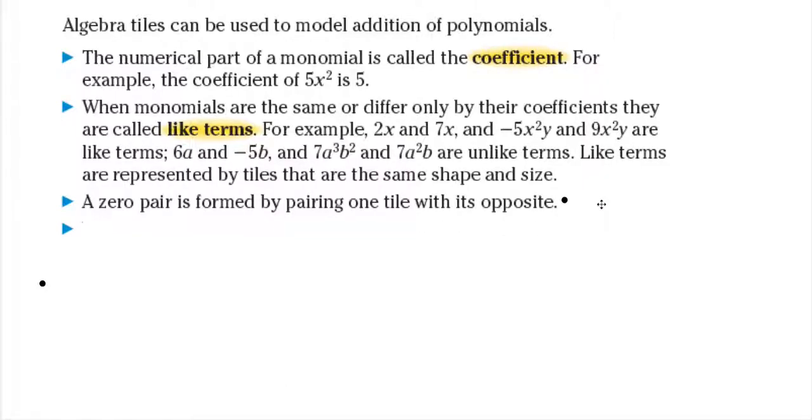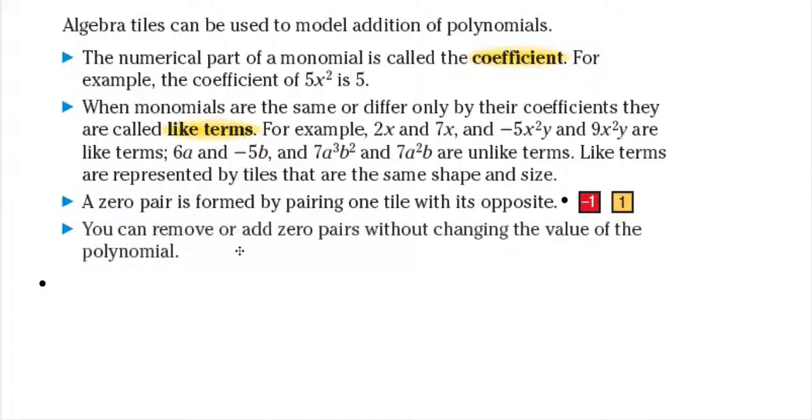Meaning if you have a negative 1 tile and a unit tile, this is what we call a zero pair, because negative 1 plus 1 equals 0. That's why it's called a zero pair. You can remove or add zero pairs without changing the value of the polynomial.